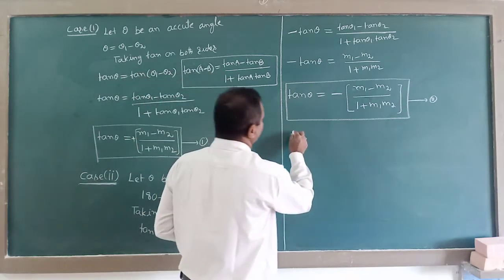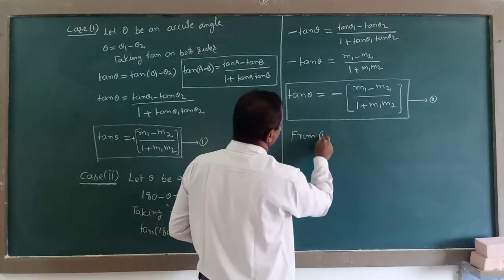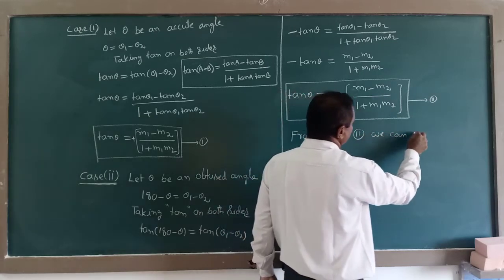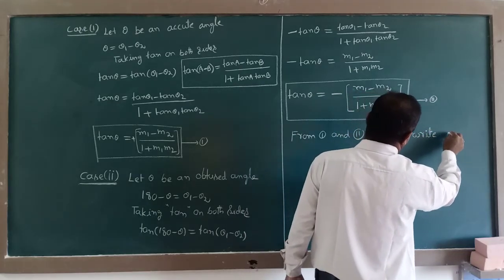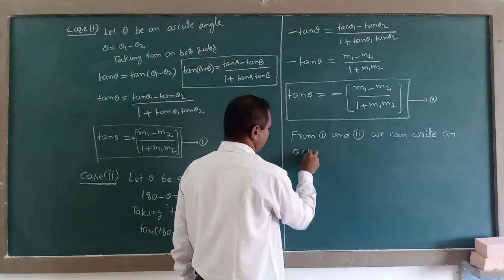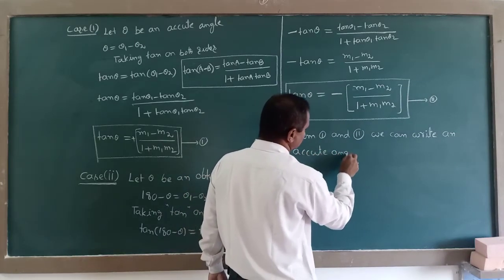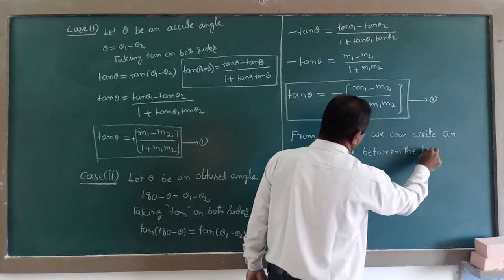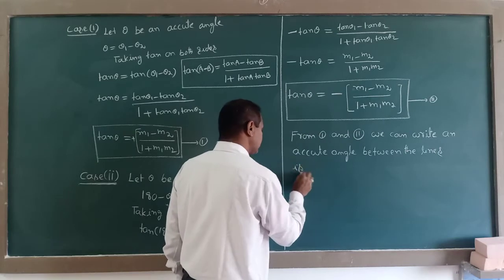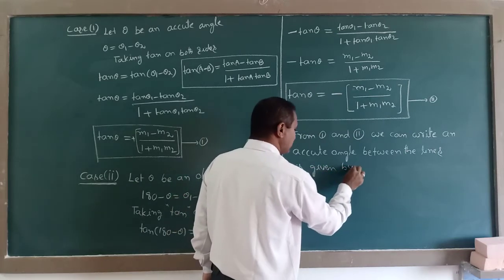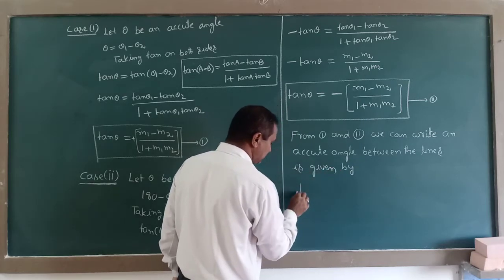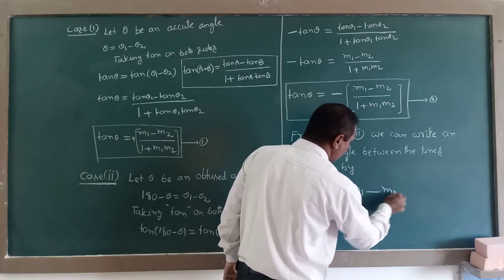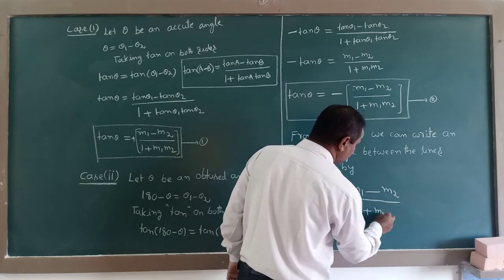That's what from 1 and 2 we can write: an acute angle between the lines is given by tan theta is equal to modulus of m1 minus m2 whole divided by 1 plus m1 into m2.